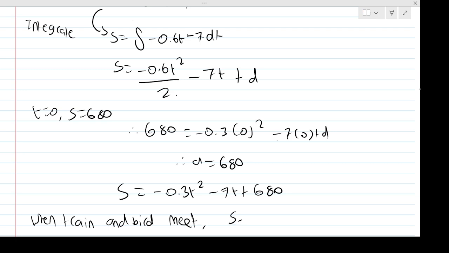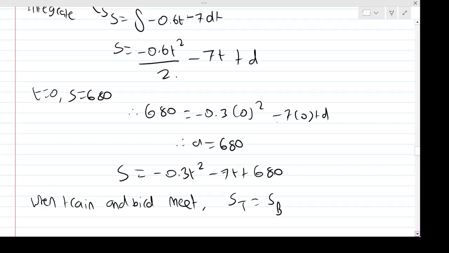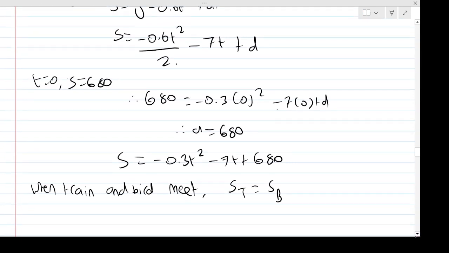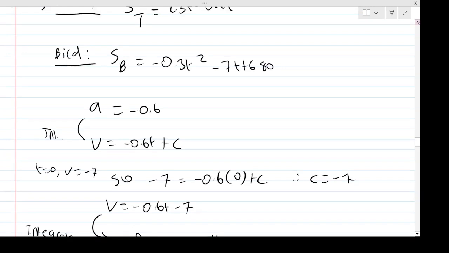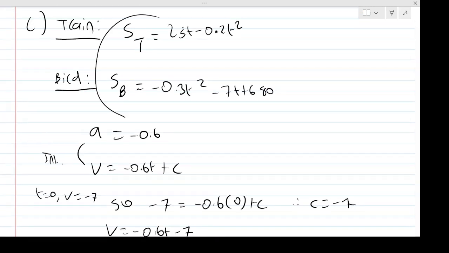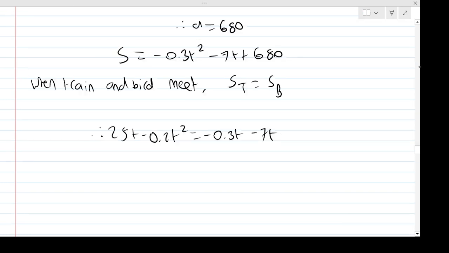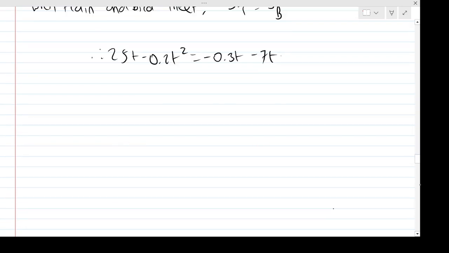So that means S of t equals S of b. So the train and the bird displacements are equal. Well, at that point we just equate these two expressions here, right? So that means 25t minus 0.2t squared equals minus 0.3t squared minus 7t add 680, right?